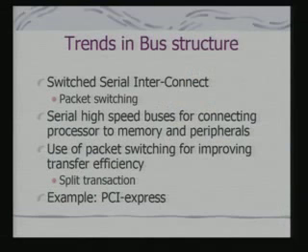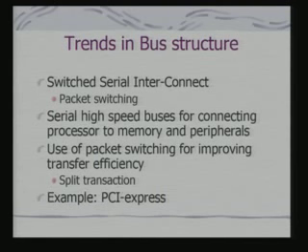And what are the current trends? We have seen that when we looked at the interfacing protocols, serial interfacing has moved into a kind of switched network. In fact, packet switching is typically the trend. Today you have bus structures.